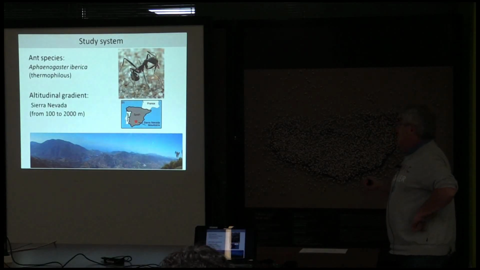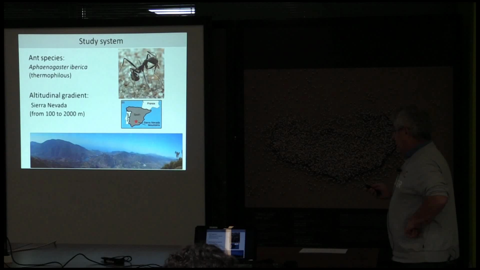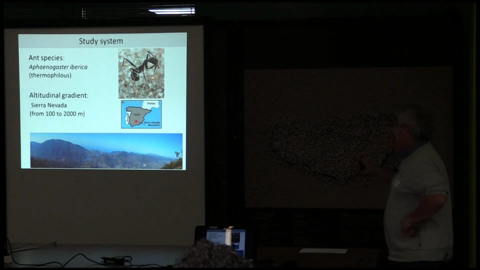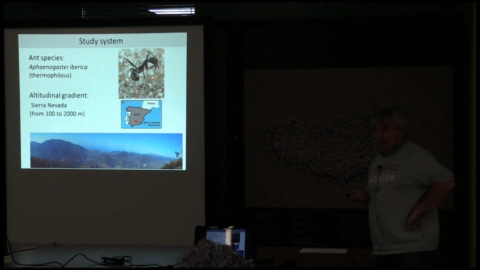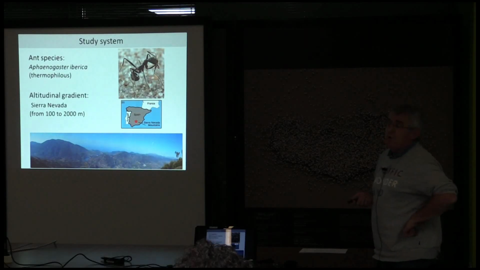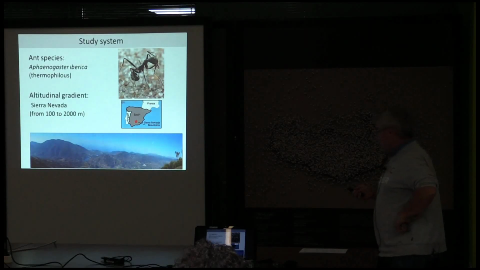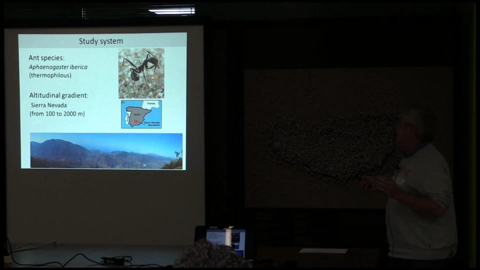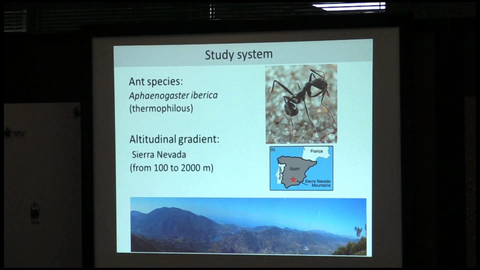Our study system is this ant species, Plagiolepis iberica. It's a very common species in southern Spain. It's an endemic, thermophilous species. Colonies are relatively small, with around 1,000 workers and only one queen, and this queen only mates with one male. They are monogynous and monoandrous. Our study system was in the Sierra Nevada mountains.